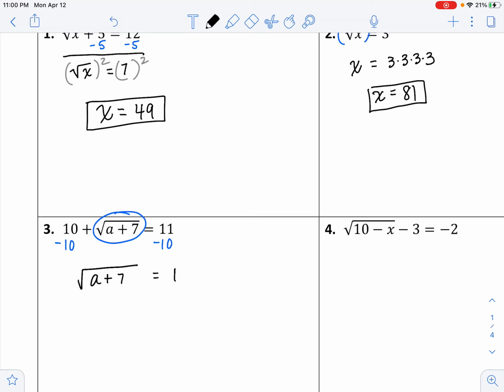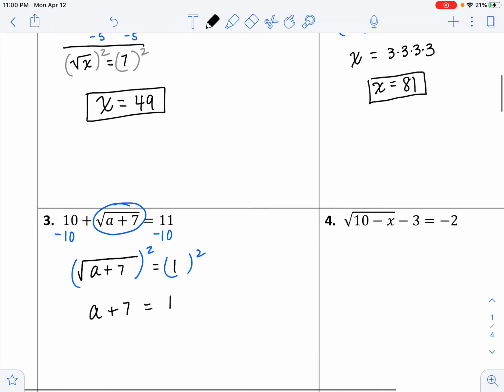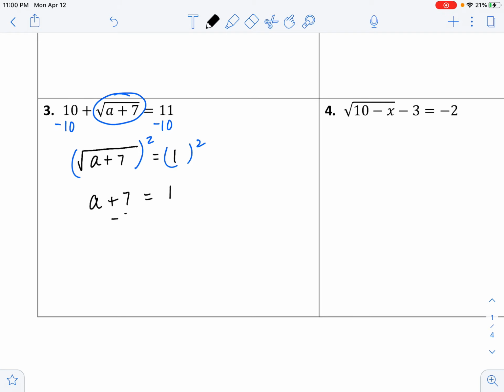Then to get rid of our radical, we're going to raise each side of our equation to the second power. When we do that, the square root and the square will undo each other. So on the left, we will just have a plus 7, and on the right, 1 squared is 1. Then to solve for a, we would subtract 7 from both sides to get a equals negative 6.